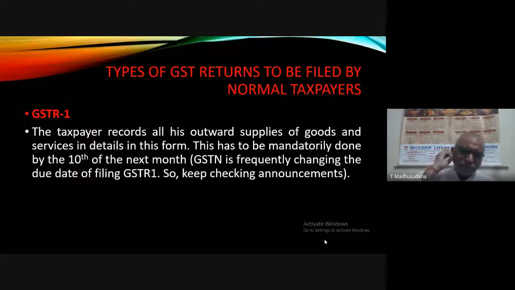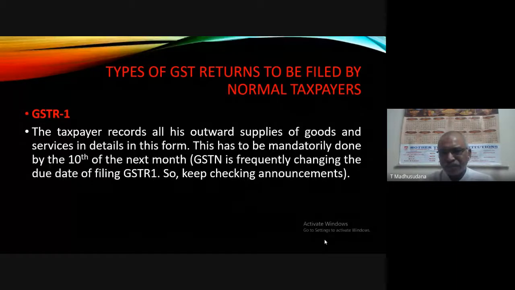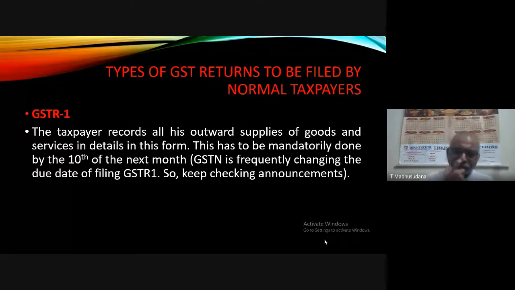So this is a monthly return form. GSTR1 is a monthly return form to be submitted by the normal taxpayers by the 10th of the next month. That means for January transactions, this GSTR1 is to be submitted by February 10th.